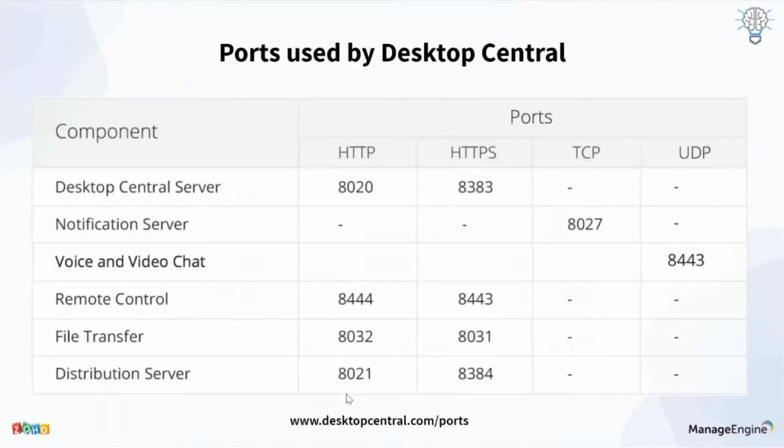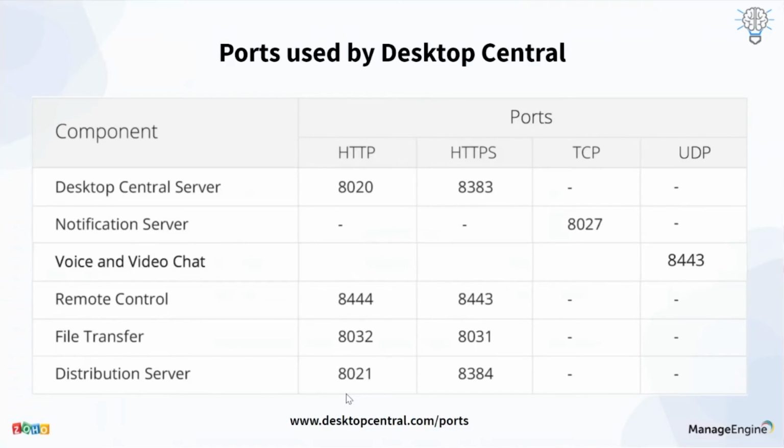Since it's an on-premises solution which we are going to discuss, these are the ports which need to be open for managing the machines which are in your infrastructure. Desktop Central runs primarily on 2 ports, 8383, which is HTTPS, and the agent talks to the server with the help of this port.